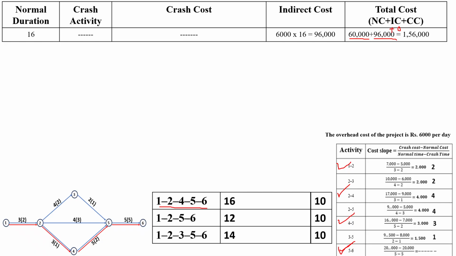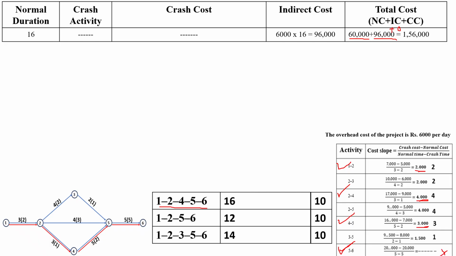For activity 1 to 2, the cost slope is 2000, and for 2 to 4, it is 4000. Next, for 4 to 5, it is 3000, and activity 5 to 6 we are not considering.